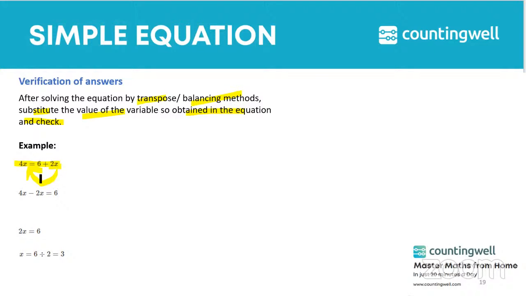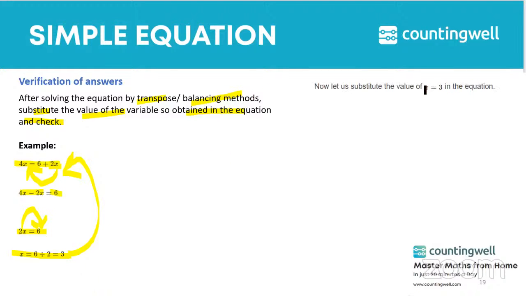So 2x will become minus 2x. So we have 4x minus 2x equals 6. So we have 2x equals 6. Again transposing 2 to RHS, multiplication will go to division. So we have x equals 3. Now we have to check whether x equals 3 is the solution of this equation or not. For that, we will substitute that value in the equation.